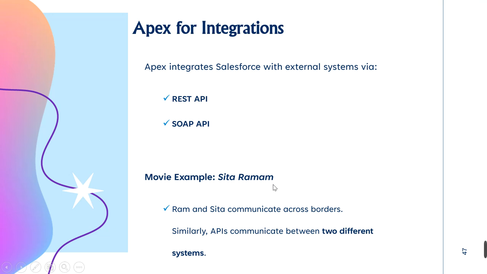Similar to the Sita Ramam movie, where Ram and Sita communicate across the borders, these APIs communicate between two systems. So integrating our Salesforce system with external systems like MuleSoft, or any other external applications, we can do that by using REST API or SOAP API.